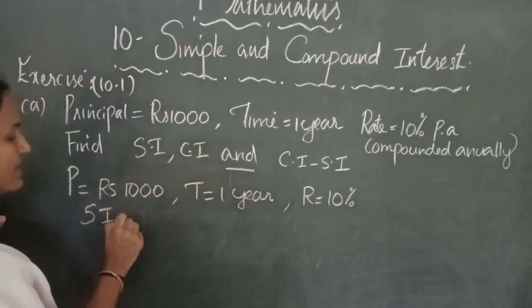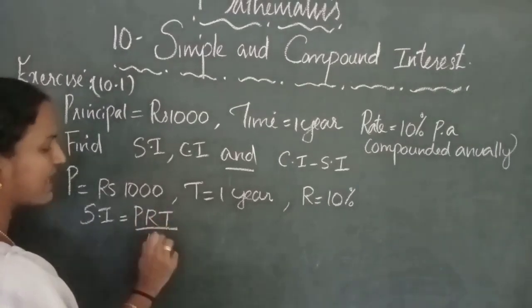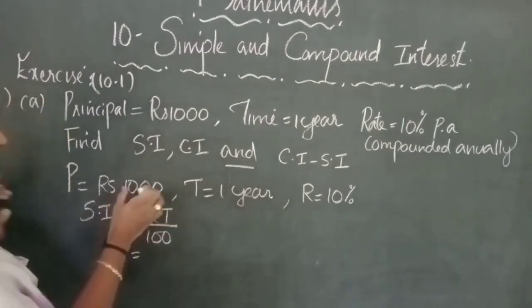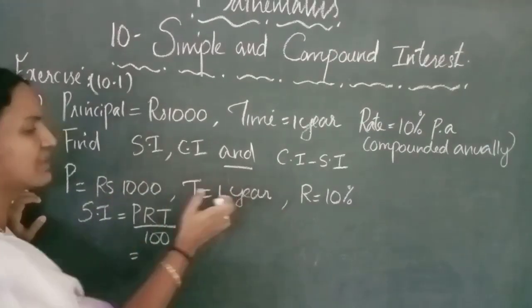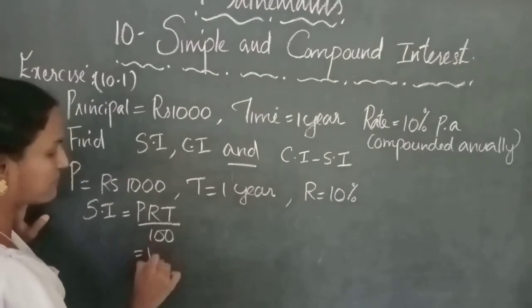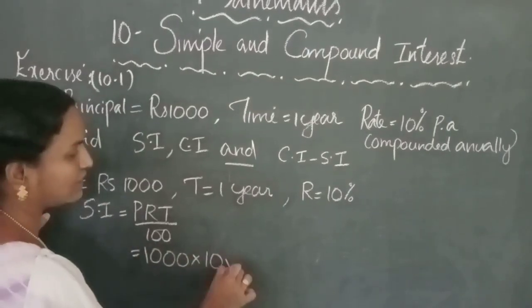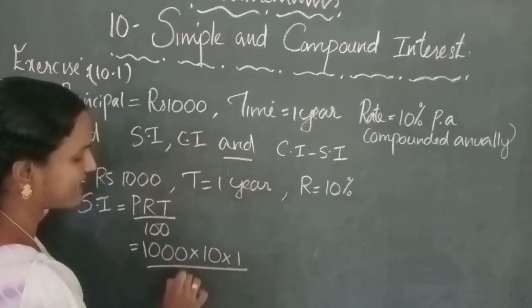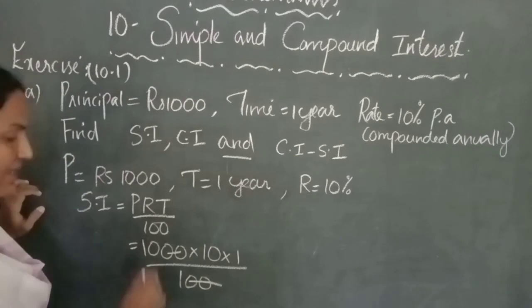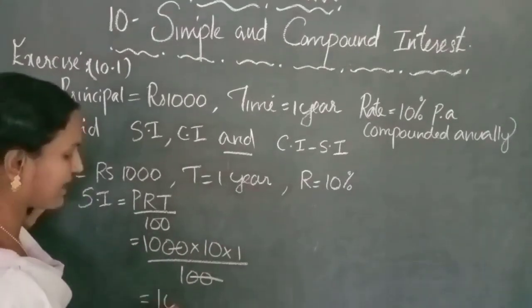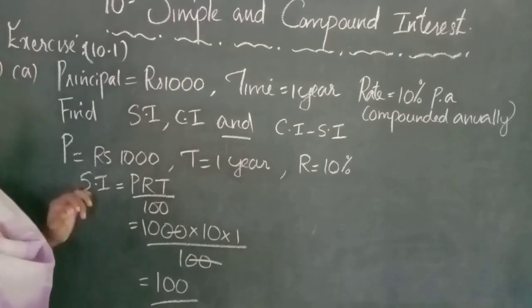Substituting the values, 1000 into 10 into 1 divided by 100. The zeros cancel, 10 into 10 is 100. So simple interest is equal to 100.